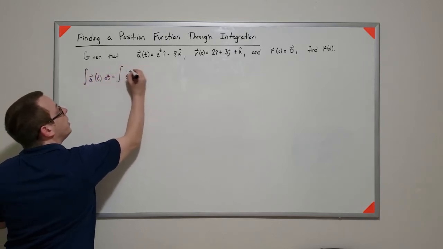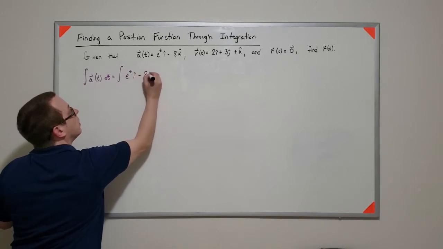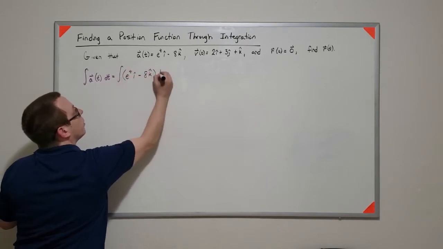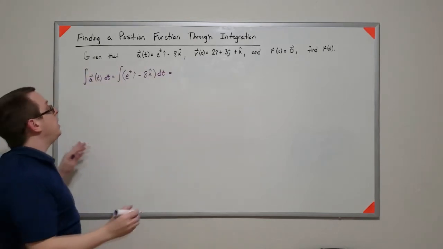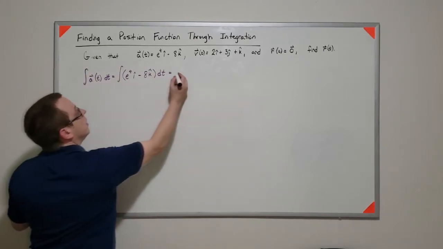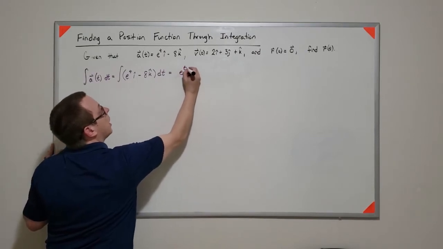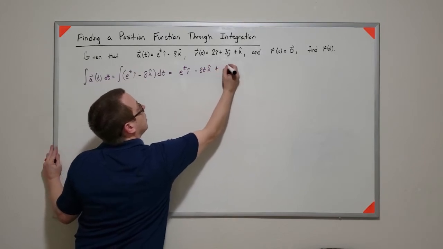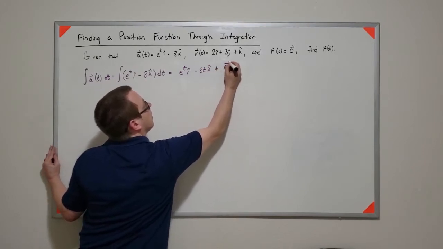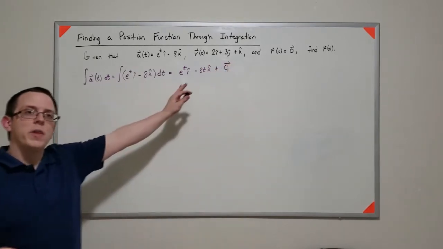So if we antiderive this function, what we get is e^t i minus 8t k plus some constant vector, and I'm going to call that c1.